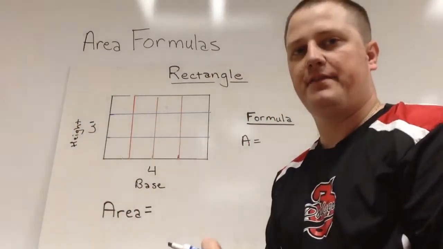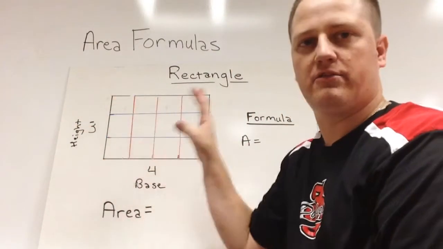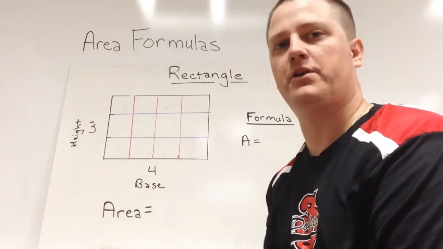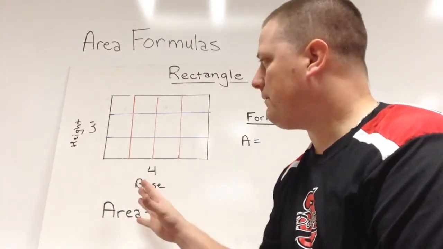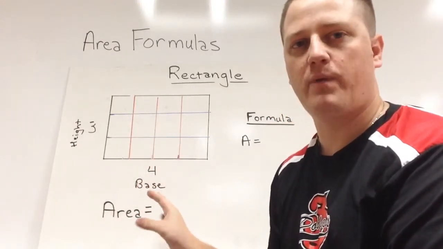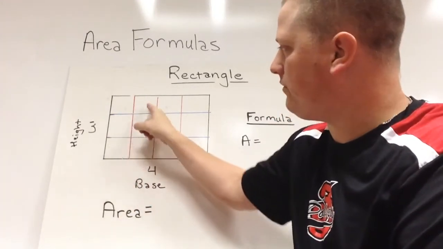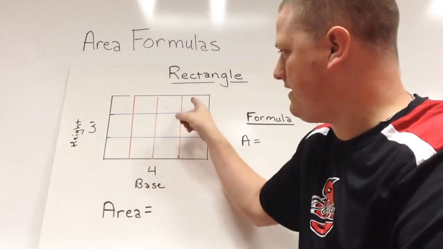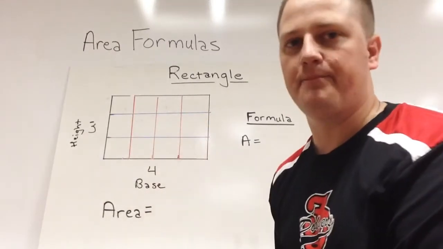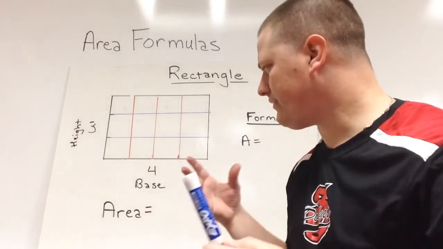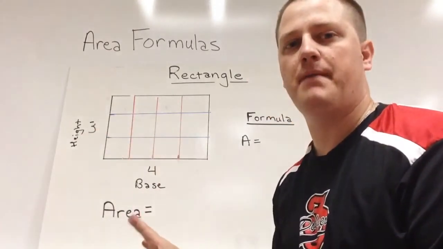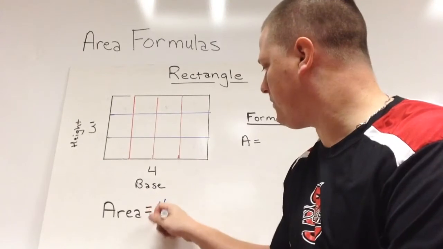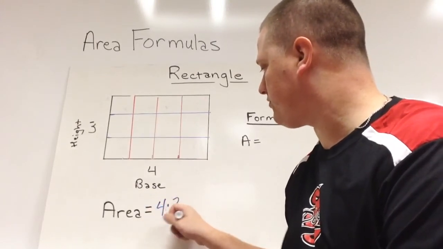Based off of these measurements, if we say that these are perfect squares, I know they aren't, but we're just going to say that they are for now, what we can do is count how many squares there are. 1, 2, 3, 4, 5, 6, 7, 8, 9, 10, 11, 12. Well, the area is 12, so we want to look at how we can use 4 and 3 to make 12. Well, it comes from 4 times 3.